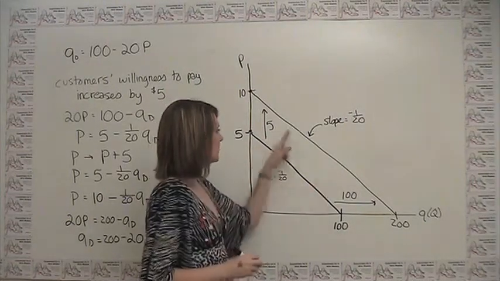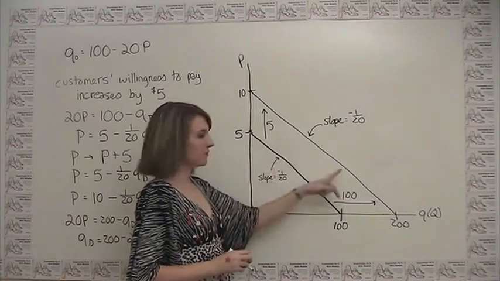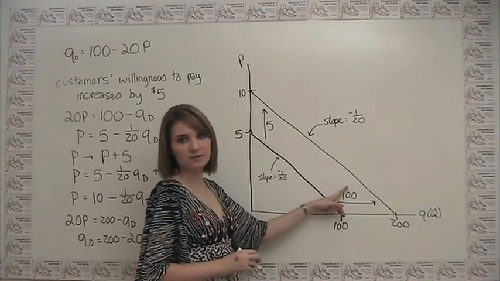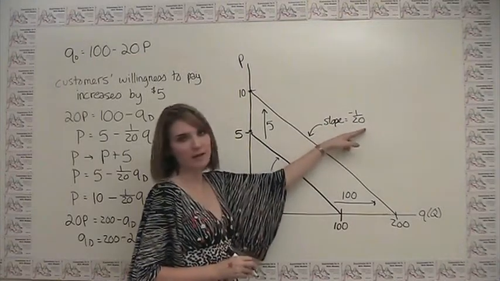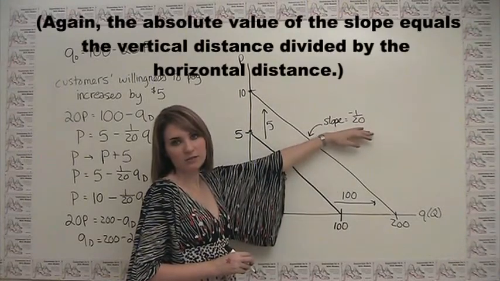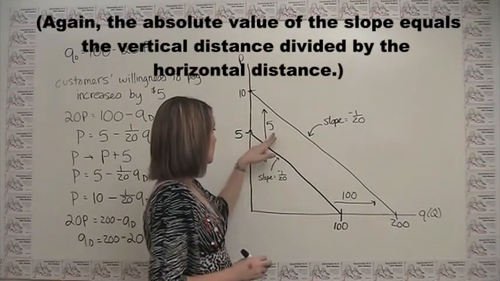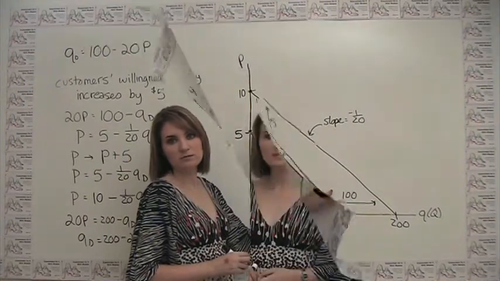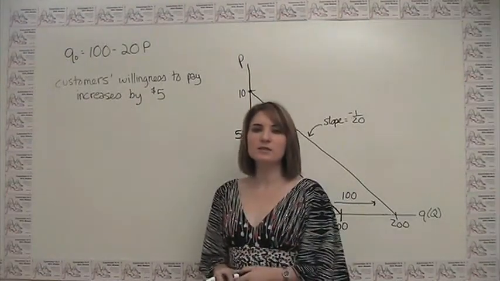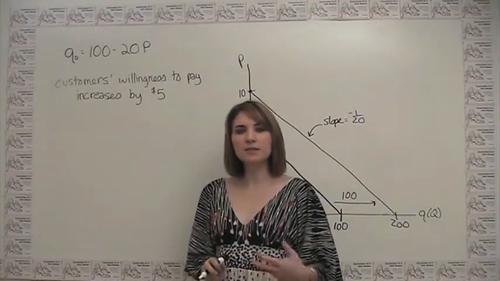Notice again that the amount of vertical shift versus horizontal shift, they're not the same, but they are in fact related by the ratio of the change in y to the change in x, meaning that 5 is equal to 1/20th of 100.